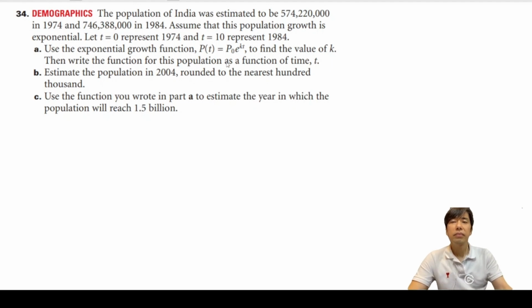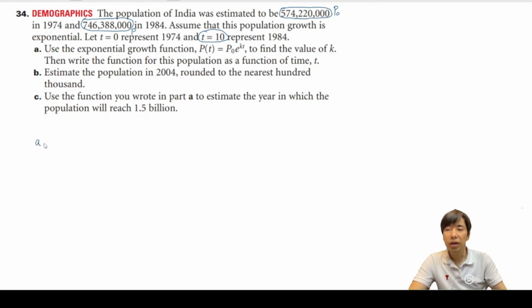All right, so we started with this many population. So that's P0. And this is P after how many years? 10 years. T is equal to 10.